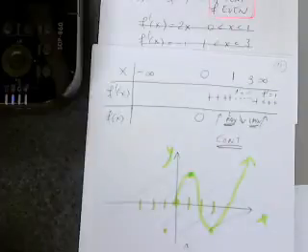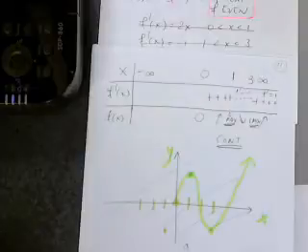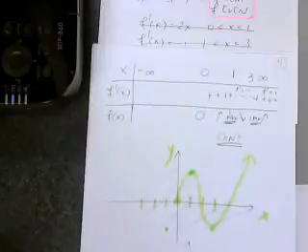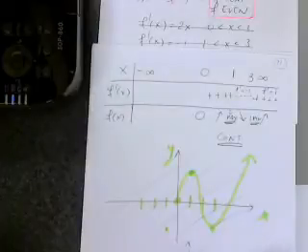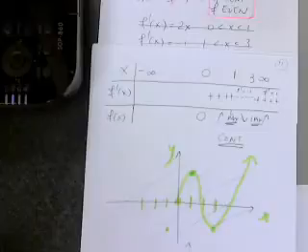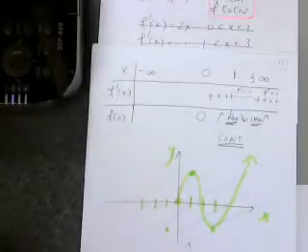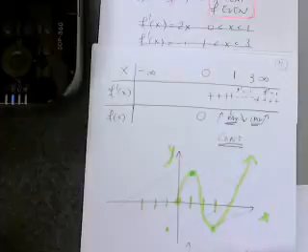So between 1 and 3, it is a straight line, with a slope of -1, and then a slope of 1.